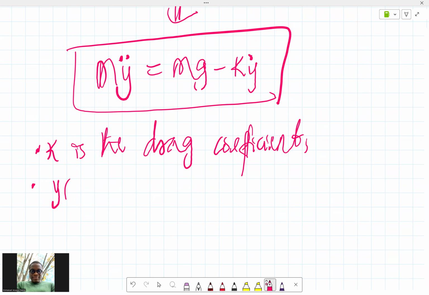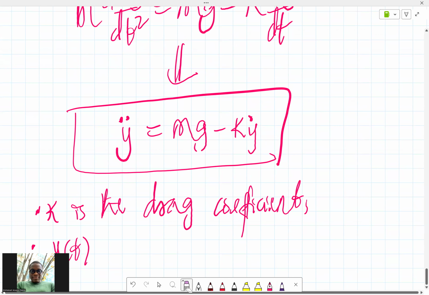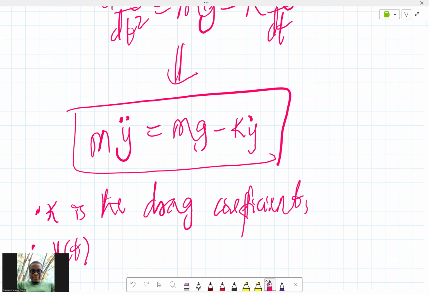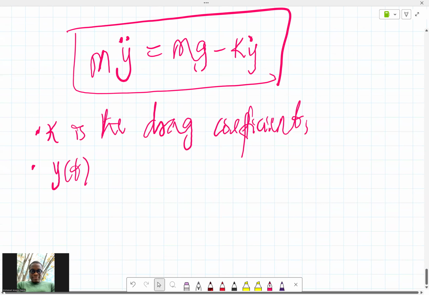And then you have y of t. So m will be analogous to the moment of inertia in the other situation we considered the other time. So y of t is the height of the object.